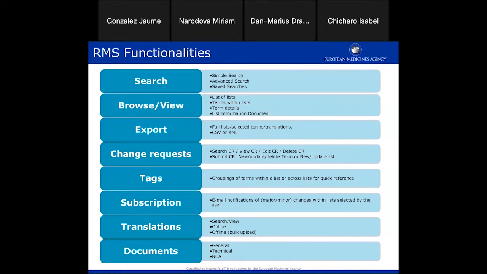It has a subscription functionality to inform users via email whenever the selected lists have been modified. Translations can be searched and viewed through the RMS portal, and NCA users can provide translations either online or offline. As mentioned above, more details on this can be found in the RMS web user manual.